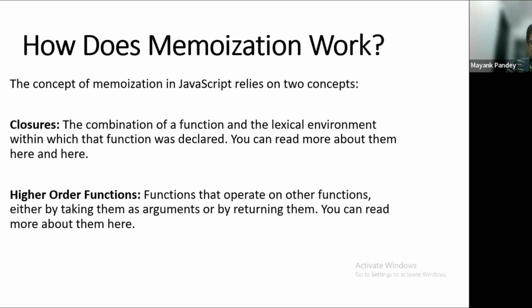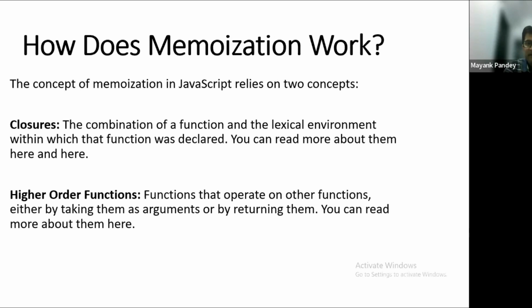So how does memoization work in JavaScript? There are two ways to handle memoization in JavaScript, and the first one is closure. I think all of us who are working with JavaScript know what a closure is.